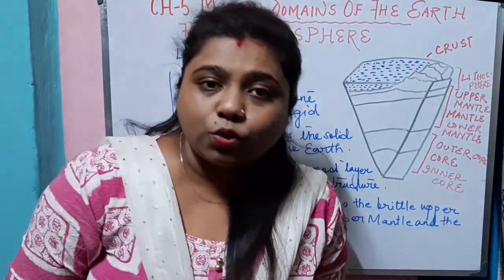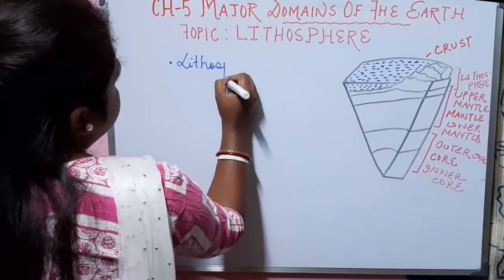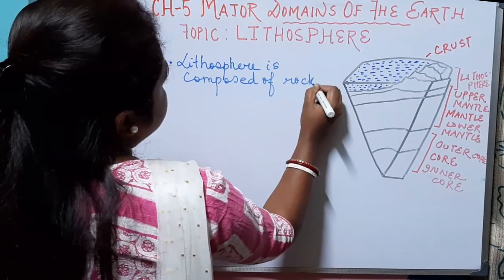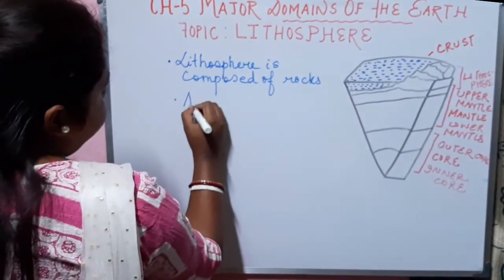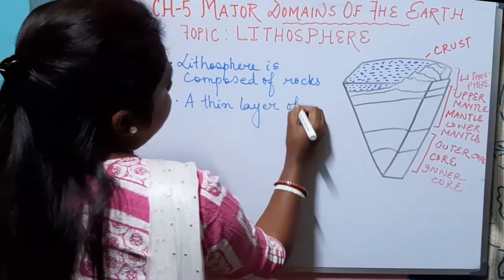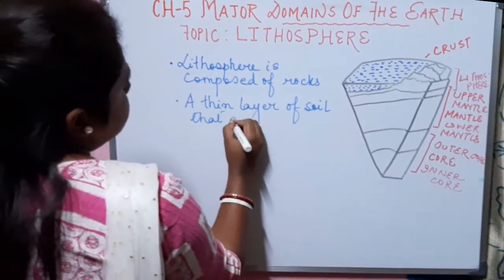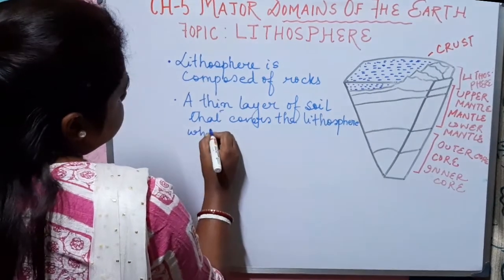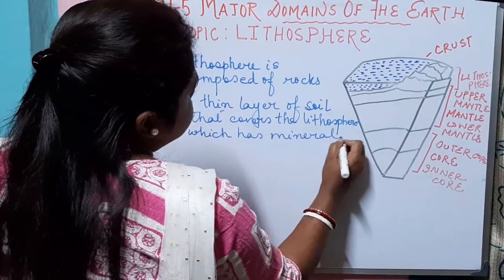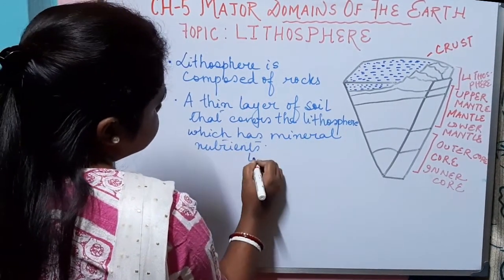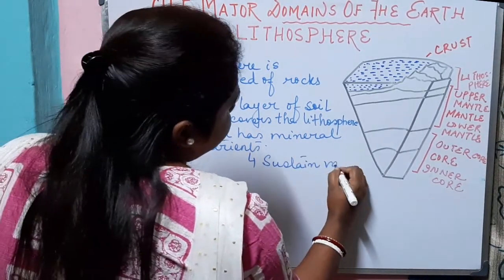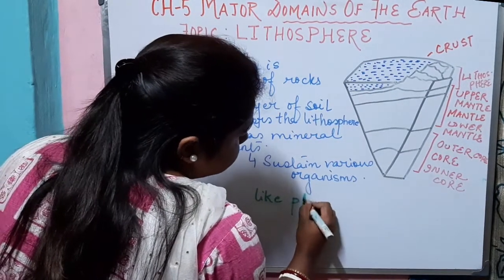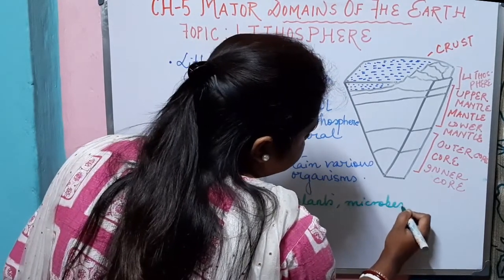Now let us see what are the other features of lithosphere. Lithosphere is composed of rocks, and also we can find a thin layer of soil that covers the lithosphere, which has mineral nutrients, and these mineral nutrients help to sustain various organisms like plants, microbes, bacteria.